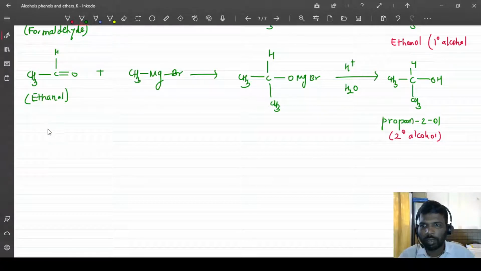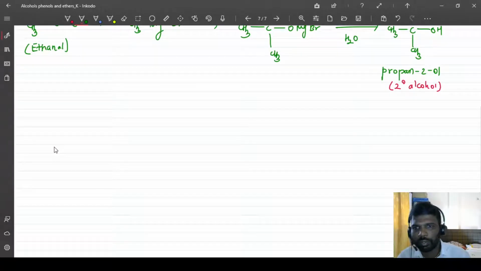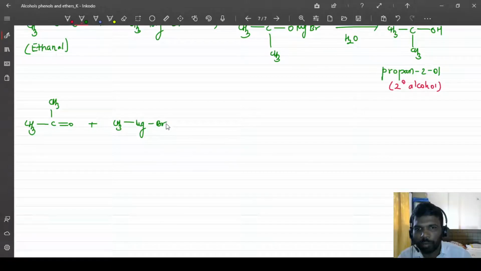And third, I will take a ketone. I will start the reaction with a ketone. You can choose any other ketone, but I am taking the simplest ketone, and let's say this is methyl MgBr.